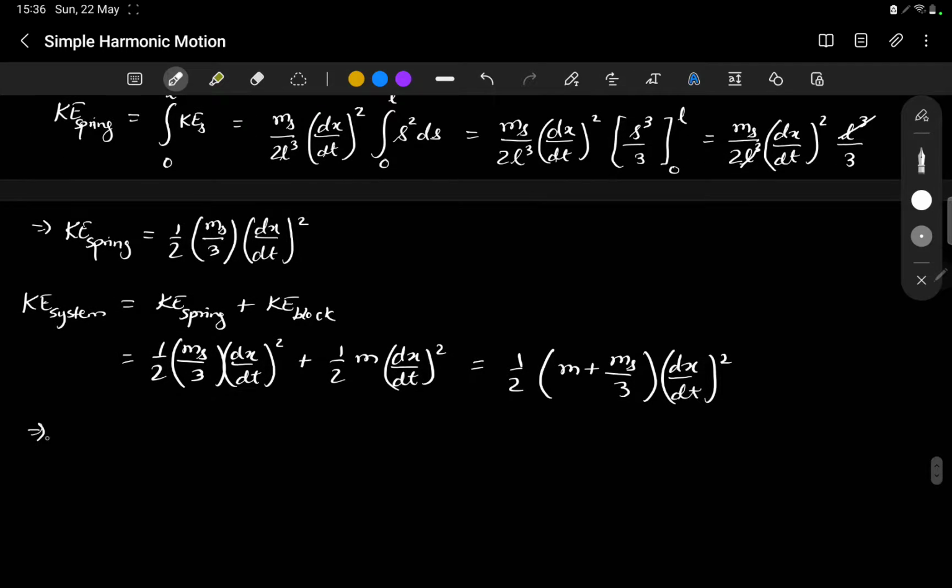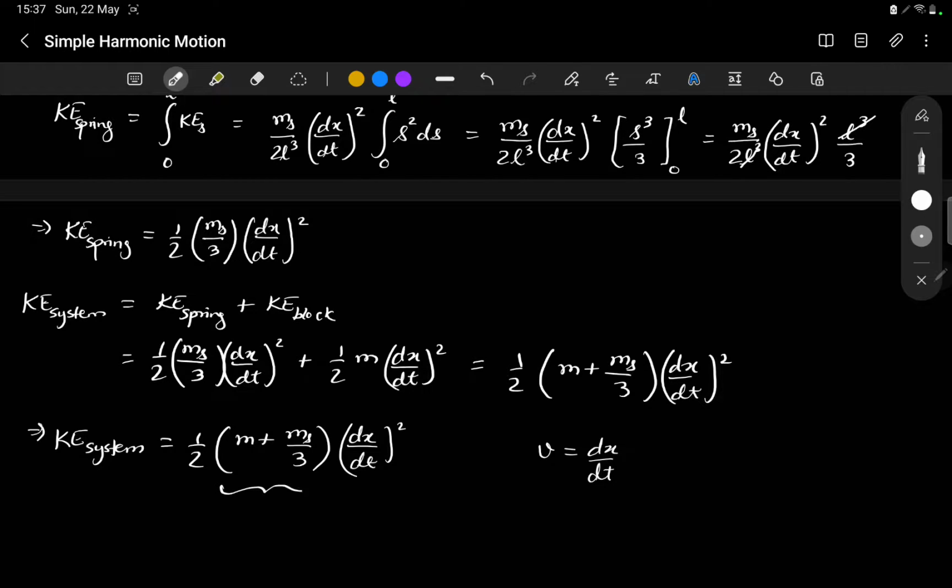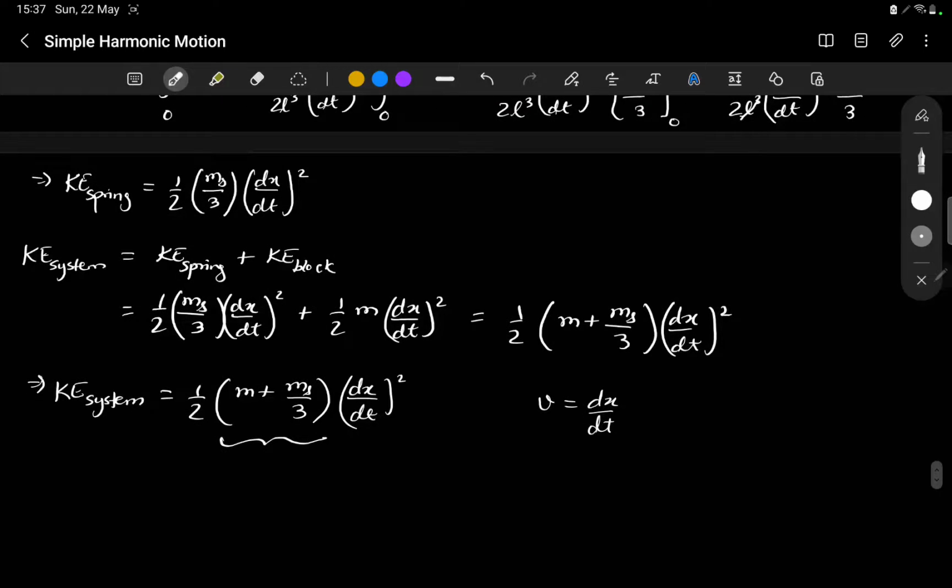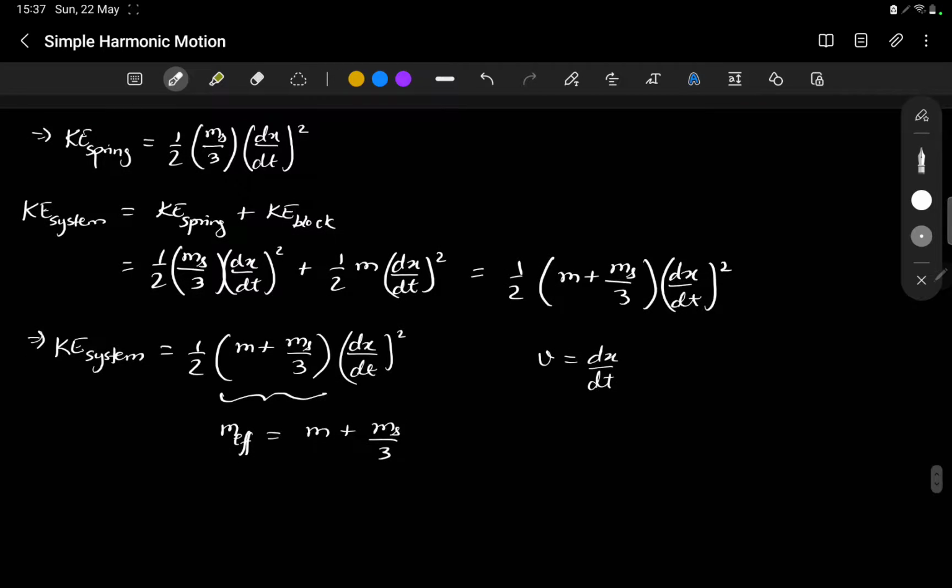If we rewrite, dx over dt is v. Now we see that this is like the effective mass of the system. So the effective mass of the system is m plus ms over 3.